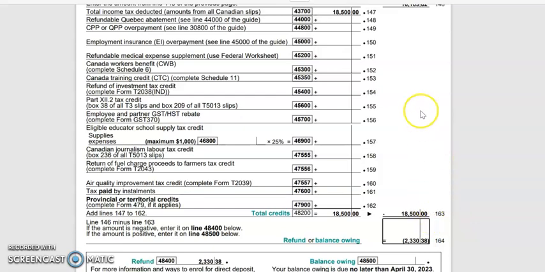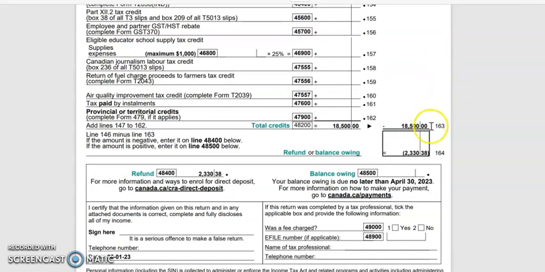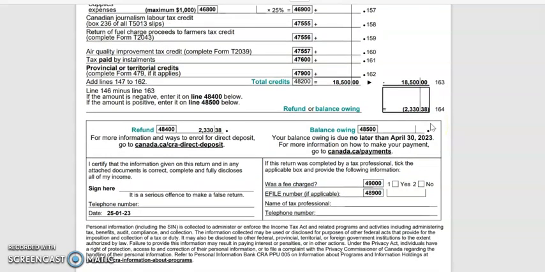That is subtracted from the amount we owe. So the amount of tax that's due on our taxable income minus any of the non-refundable tax credits is $16,169.62. We've paid in $18,500, so therefore we are due a refund of $2,330.38.